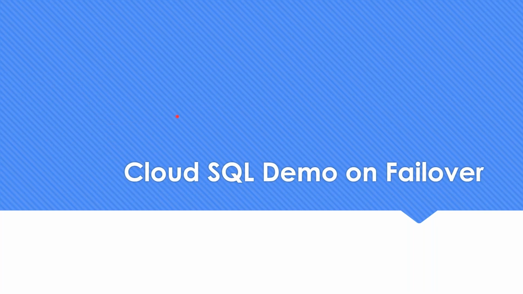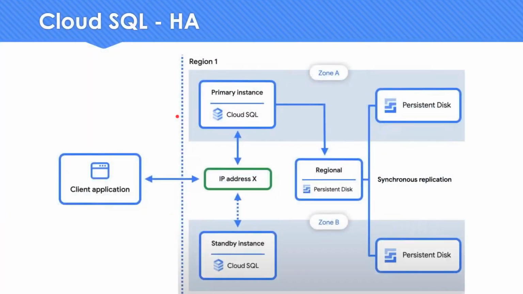Before I show you the demo, here is the architecture behind HA when you turn on HA for a Cloud SQL instance. You have region 1, in our case Singapore. You have your primary Cloud SQL instance in zone A and your standby or failover in zone B. In very simple terms, this is nothing but a virtual machine, as I've told you a couple of times.